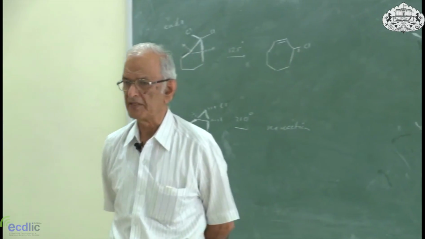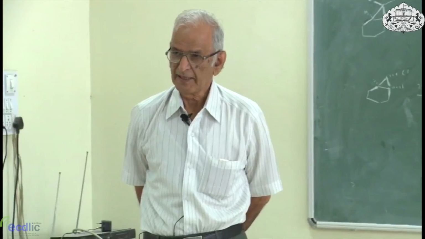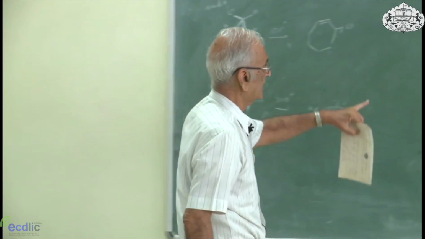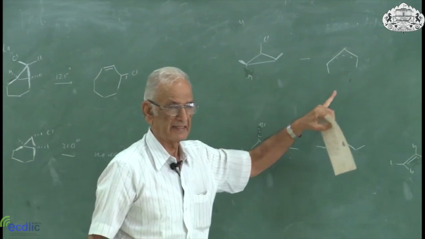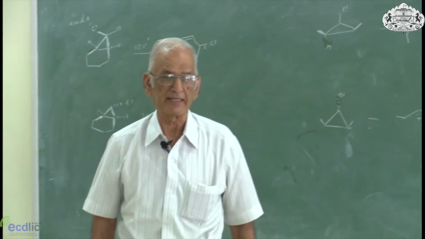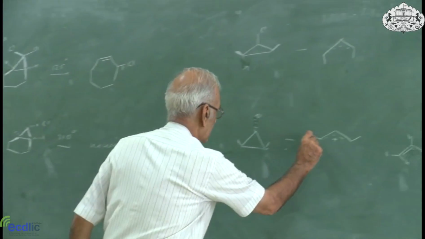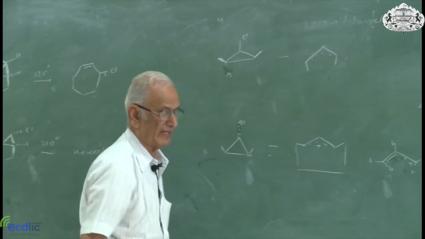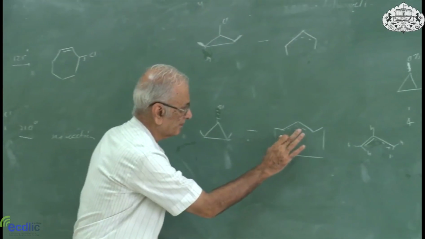That will be the intermediate. In this case, the methyl groups will be on the inside. In that case, the methyl groups are on the outside. If I join it, what is the meaning?